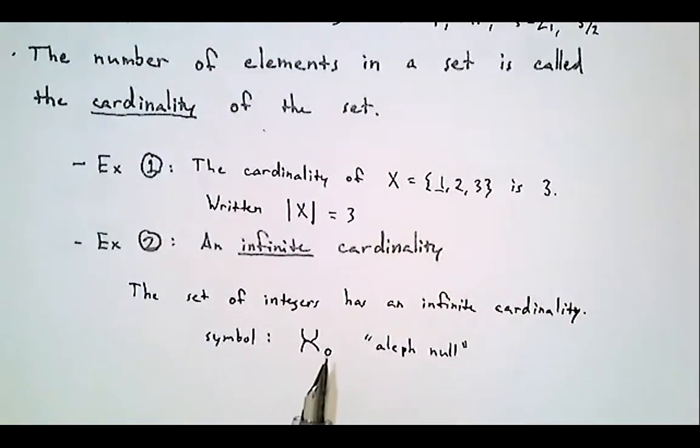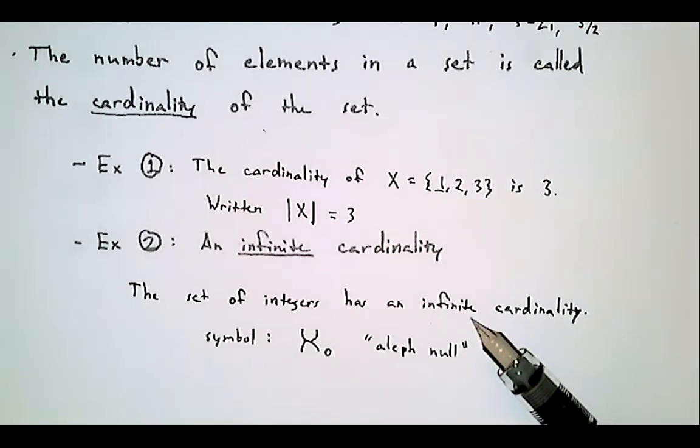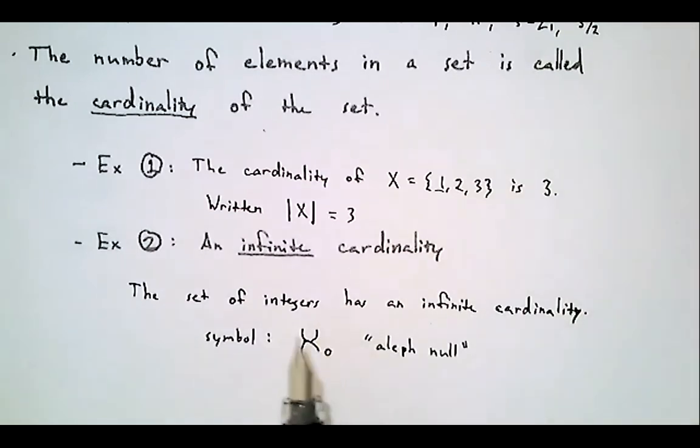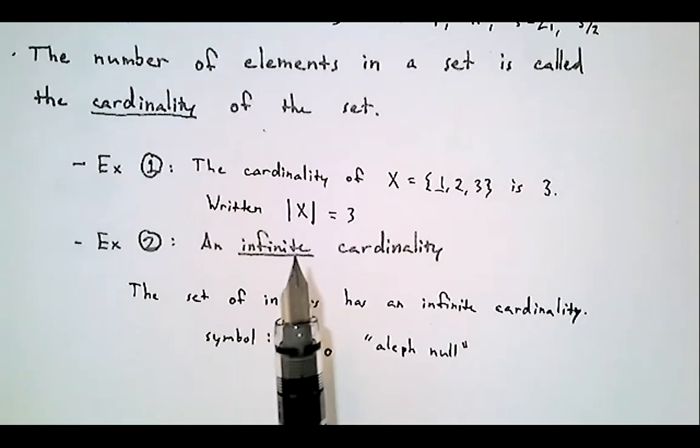So in this particular class, we're not going to have much opportunity to talk about infinite cardinalities. It's actually an extraordinarily complex subject because there's actually different sizes of infinity. Just to name an example, the integers, like I'm talking about here, have a smaller size of infinity than the real numbers.